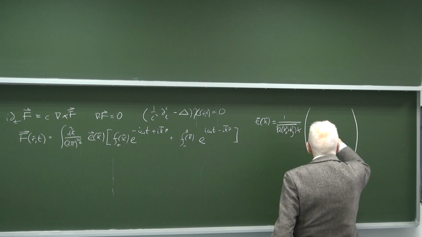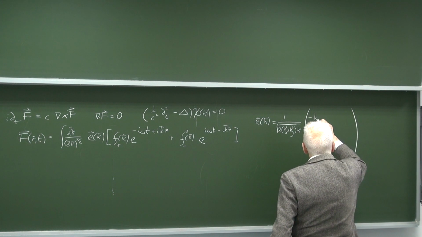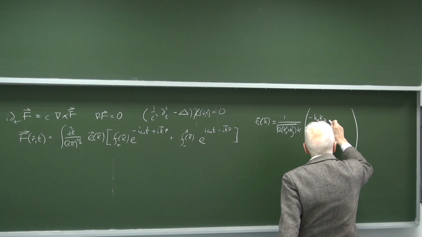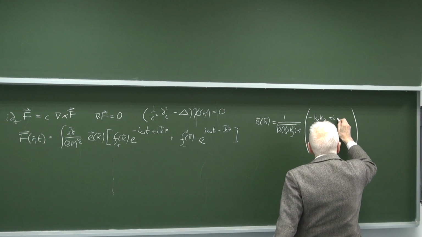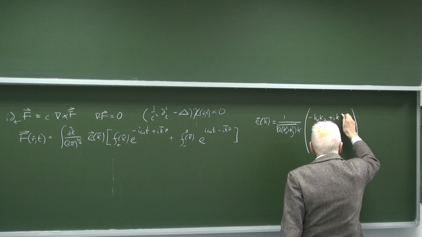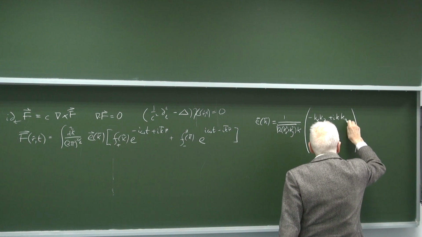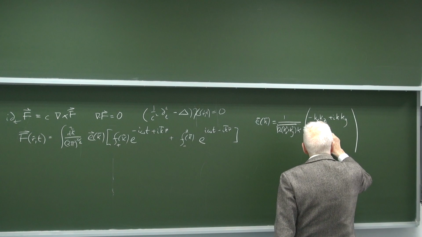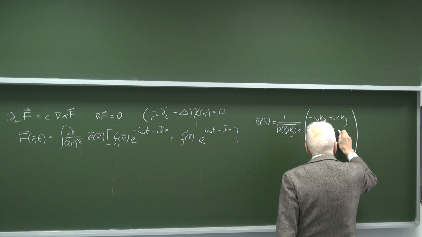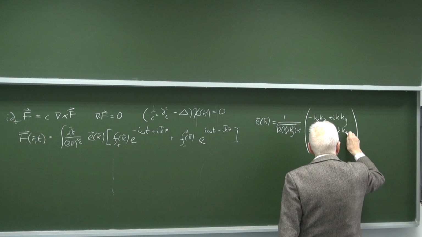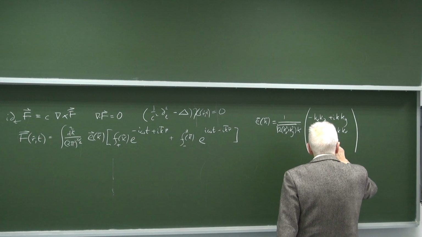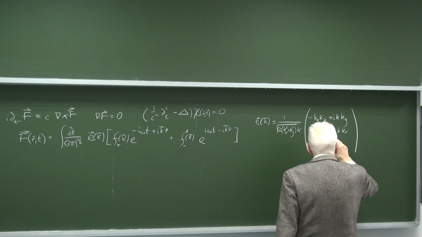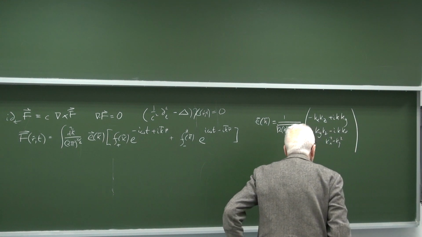The numerator is minus kx kz plus i k ky, minus ky kz minus i k kx, and kx squared plus ky squared.